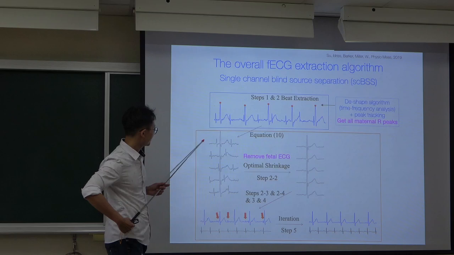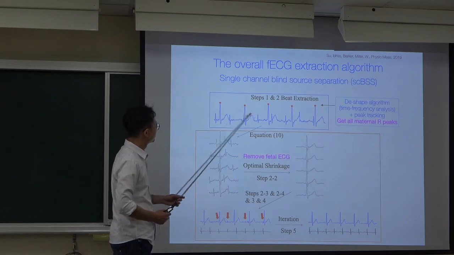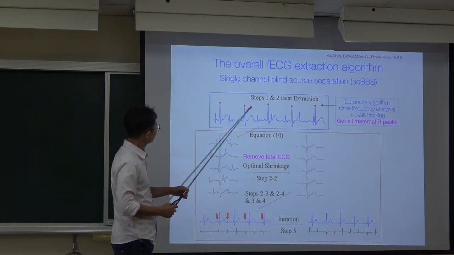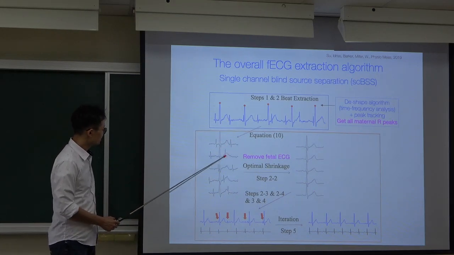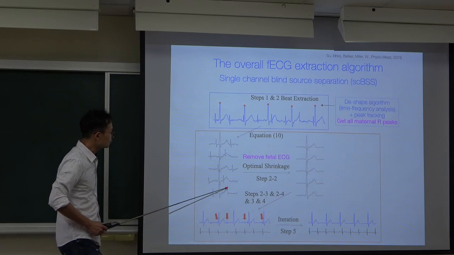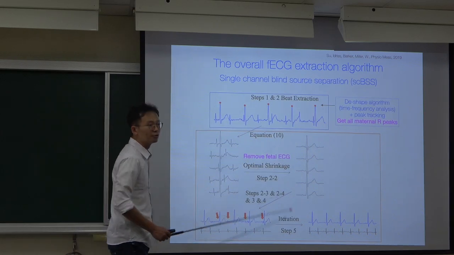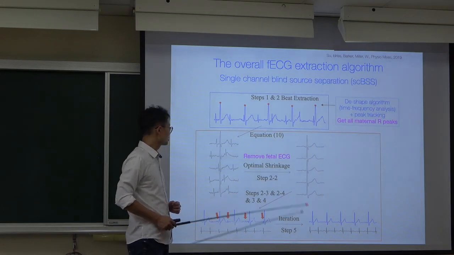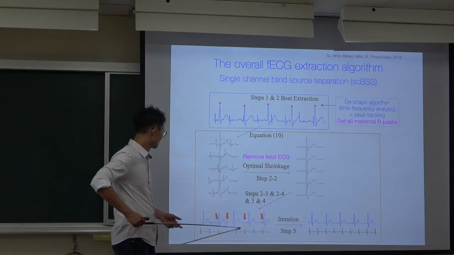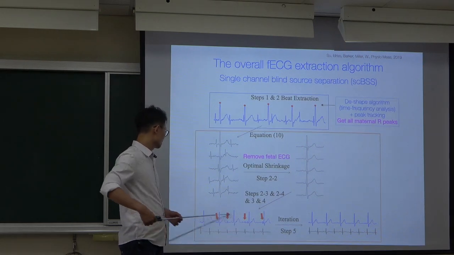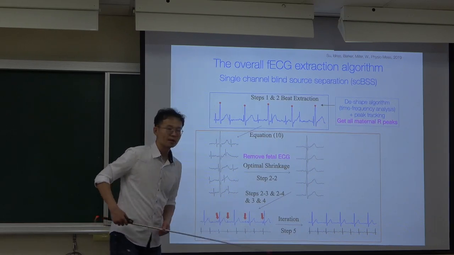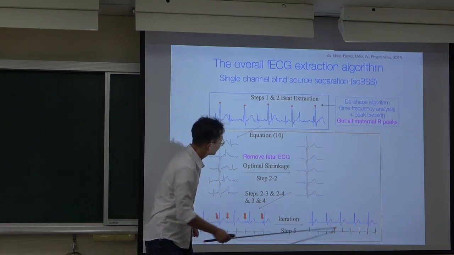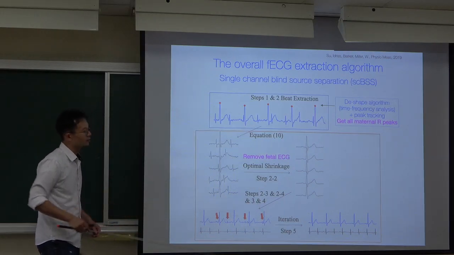What we will talk about today is, once we have those maternal R peaks, we can truncate the signal into pieces. Then we try to remove the fetal ECG so that we can recover the maternal ECG, and then recover the fetal ECG. And we can do some iteration to get final results. That is the overall algorithm.